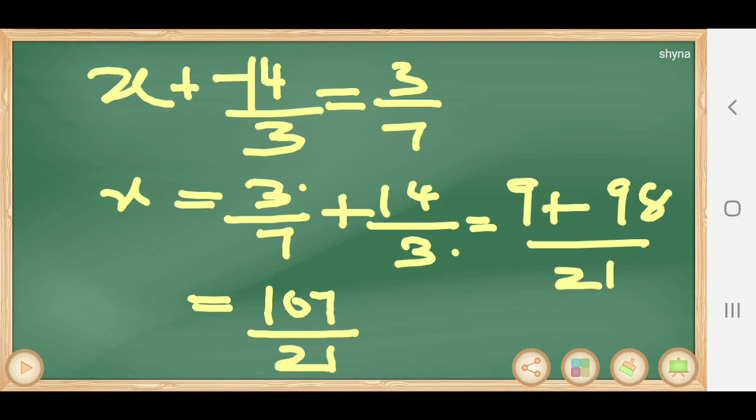Yes, now we got the answer. Then you can conclude that the required number is 107 by 21. Now we can move to the next problem.